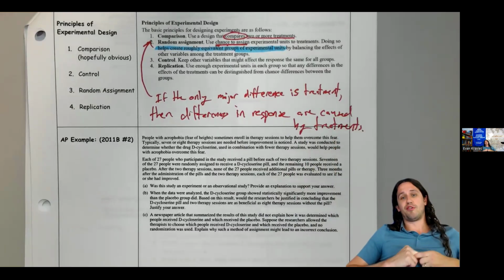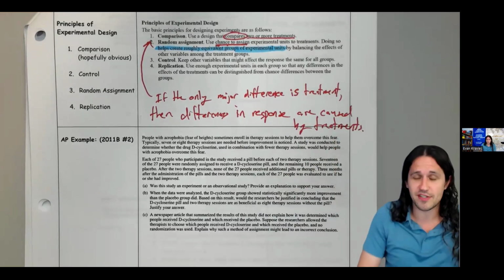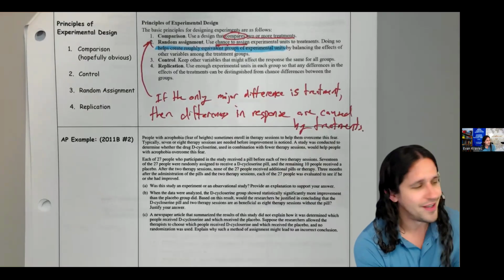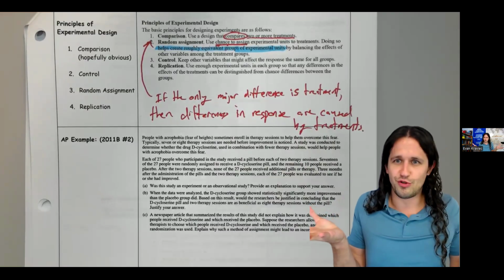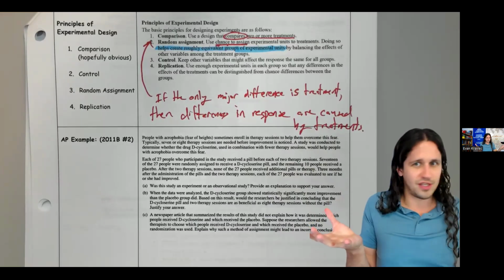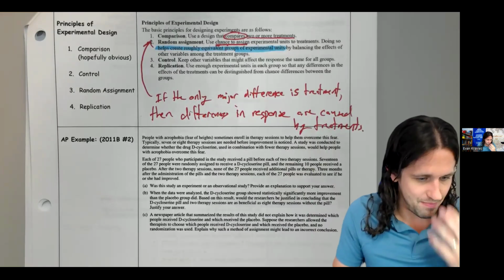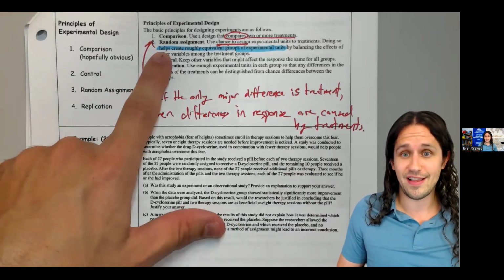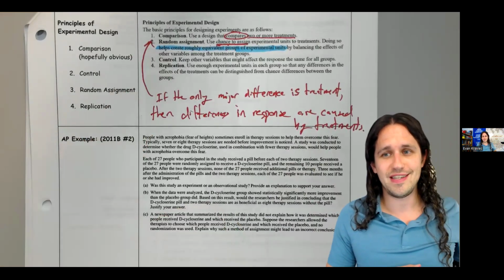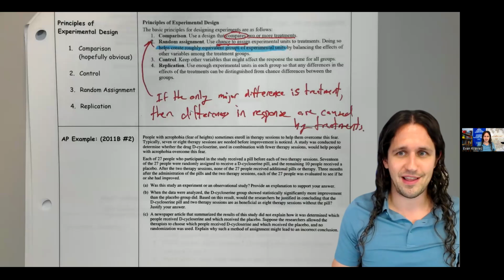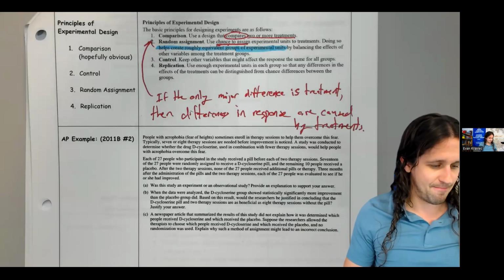That's what we were talking about earlier. We're talking about cause and effect. We want to say that this thing causes that thing. Well, it's going to be all these differences in these two groups. But if we randomly assign who's in this group, who's in that group, all those small differences are going to balance out. Make sure you've highlighted, help create roughly equivalent treatment groups. I'm going to come back to that phrase all the time.